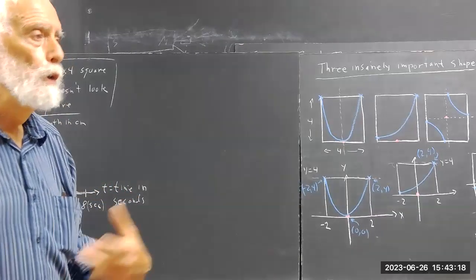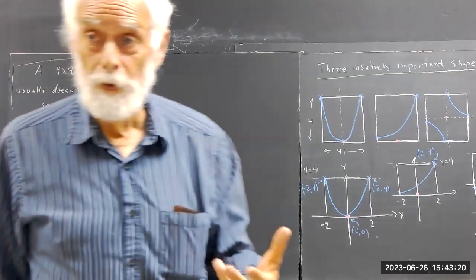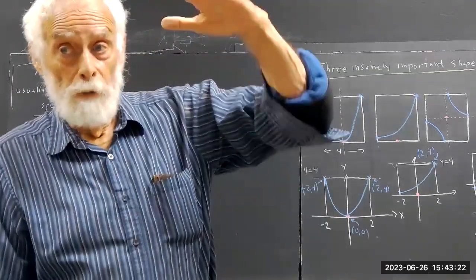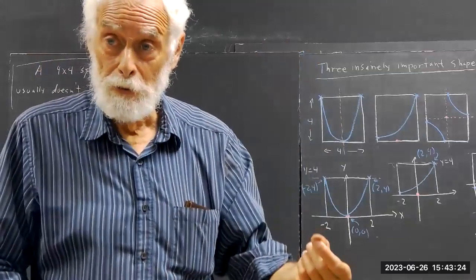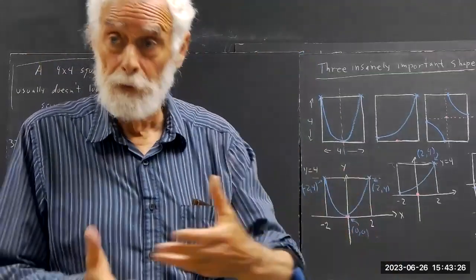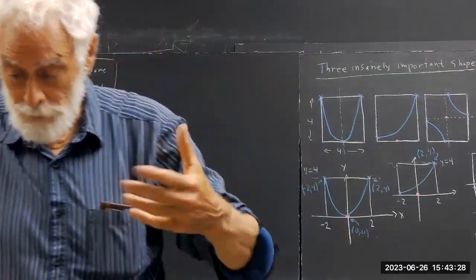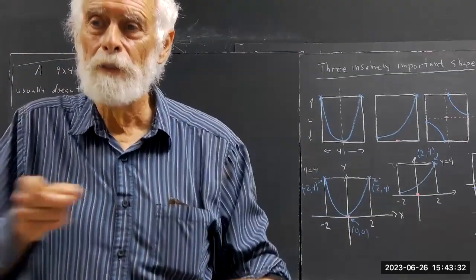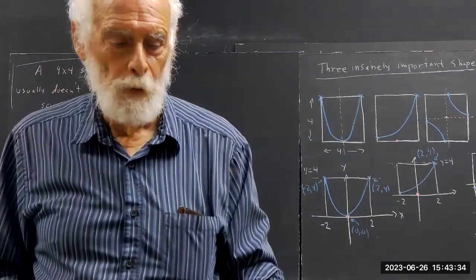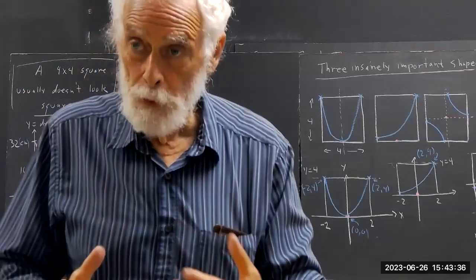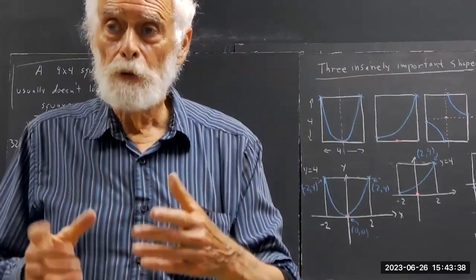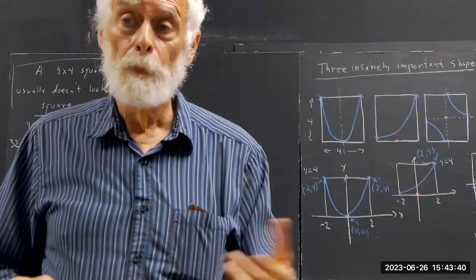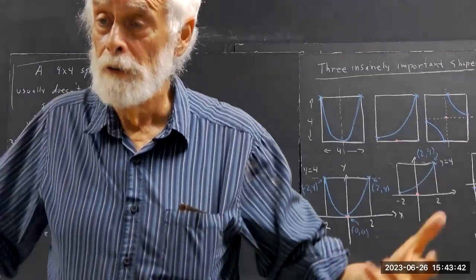And even if they do sometimes measure the same thing, they might measure a lot more of it in this direction than in this direction, or vice versa. Well, the point is that when you have graphs, you don't expect to have equal scales in both axes. And when you don't have equal scales, you don't get a 4x4 square that looks like a 4x4 square.